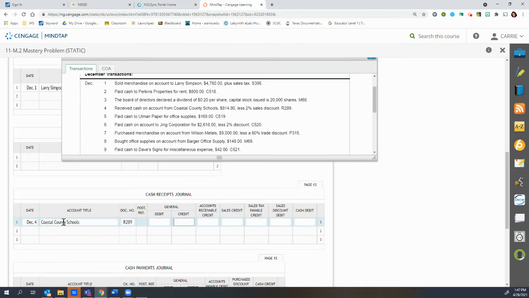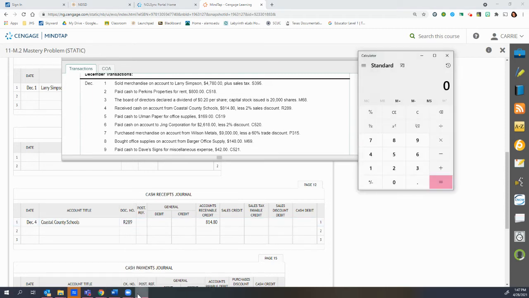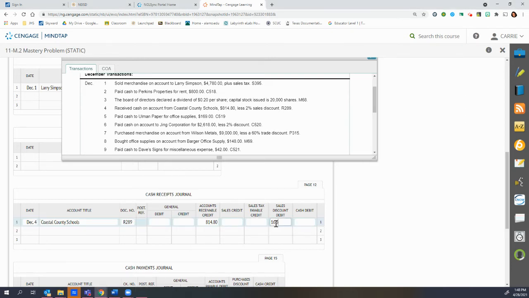And so we are crediting their accounts receivable for the whole amount. We're giving them a discount of 2%. So it's 814.80 times 0.02, 16.30 is the sales discount debit.